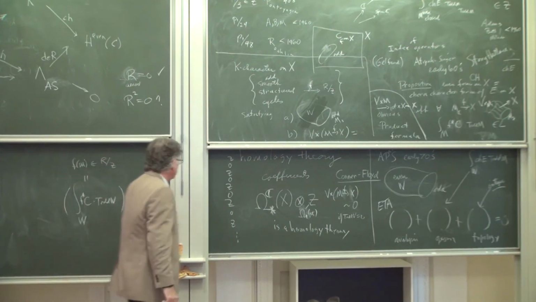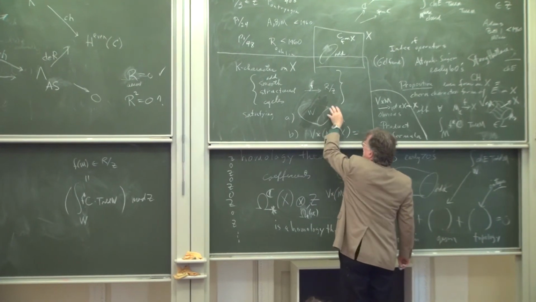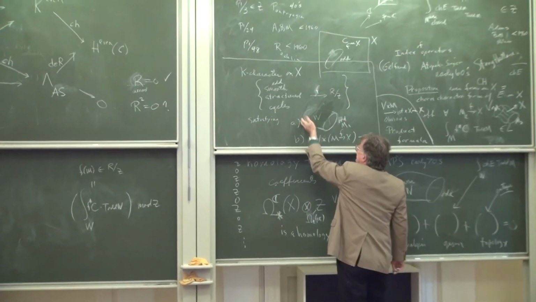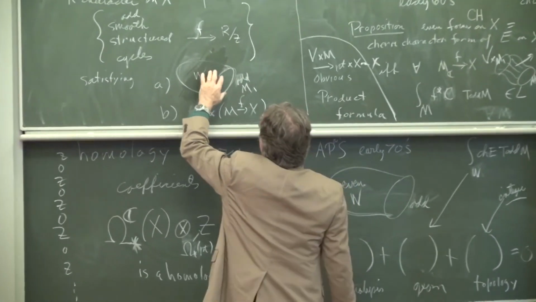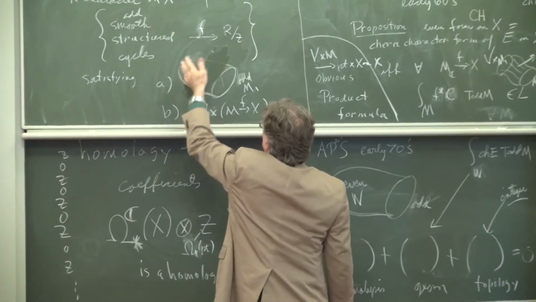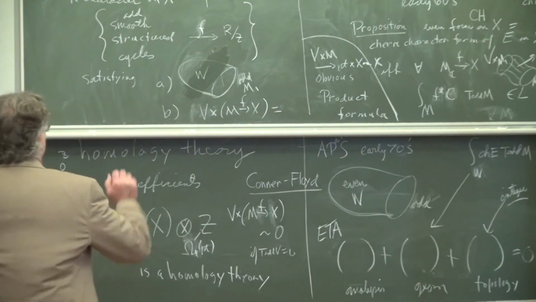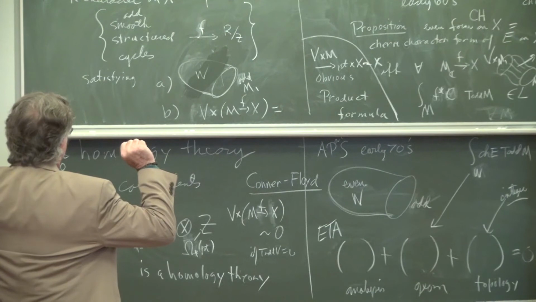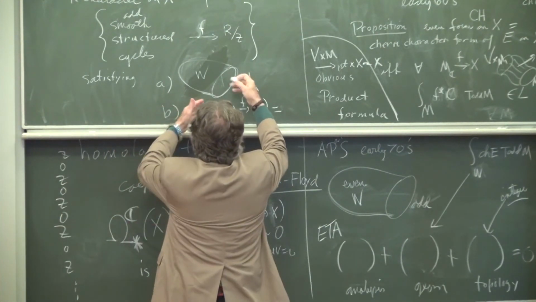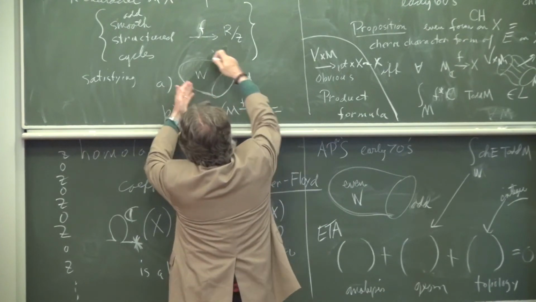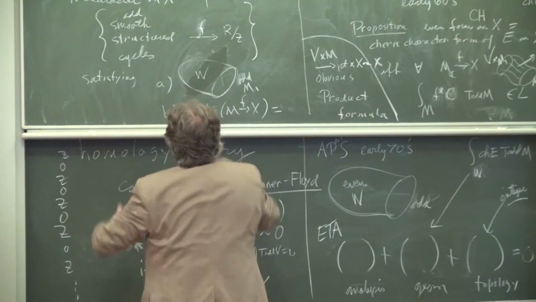But you did say something: I'm supposing that the structure here extends over W, but you can always do that. So the geometric structure extends. This has a geometric structure like a connection on a bundle. The bundle extends, the connection extends, and so on. So you take some extended structure.